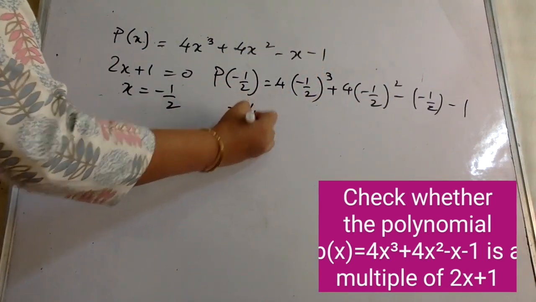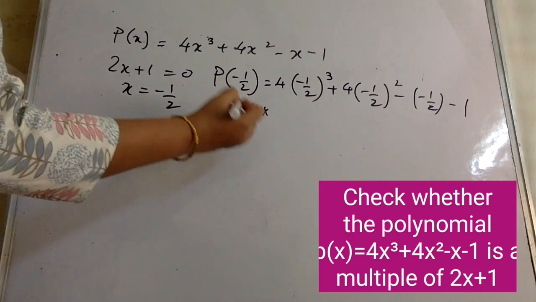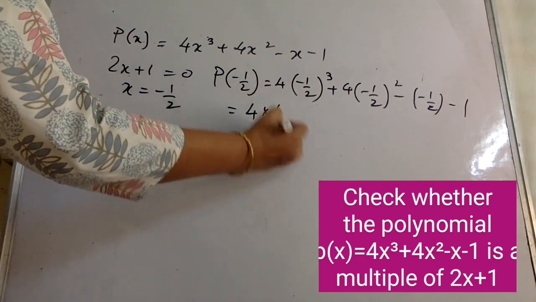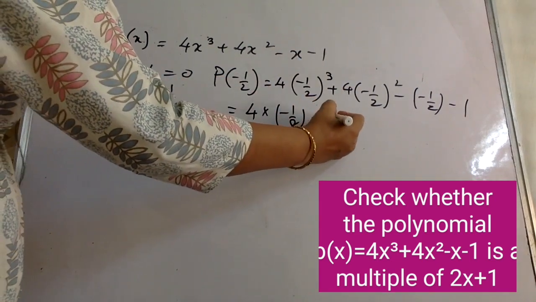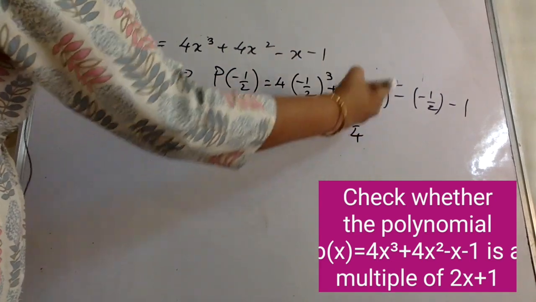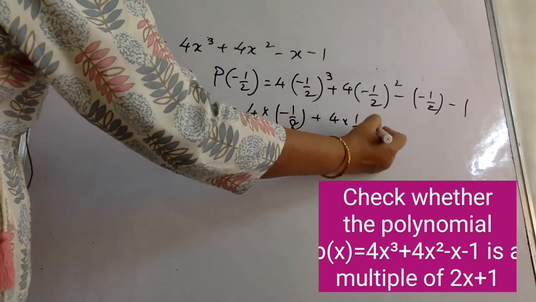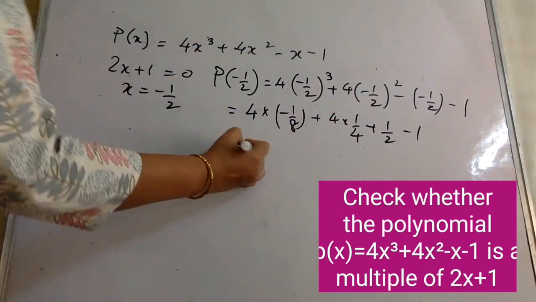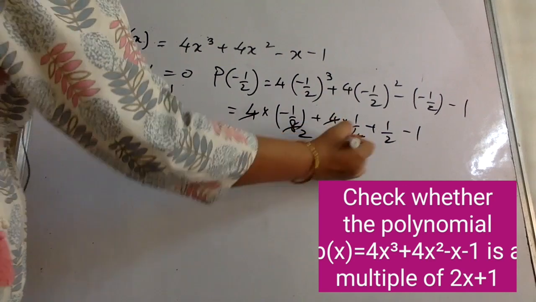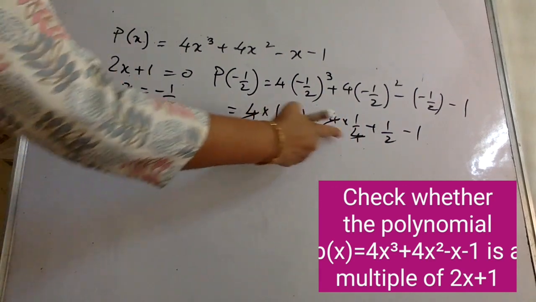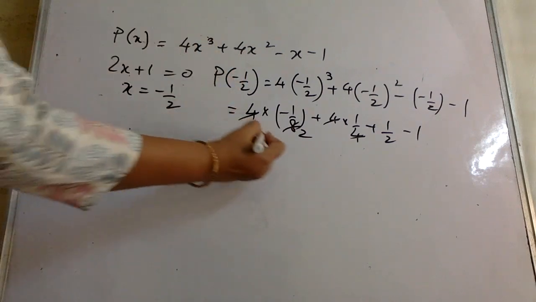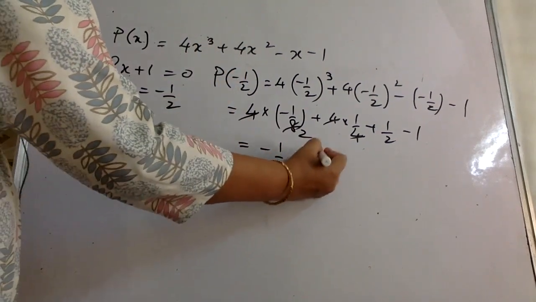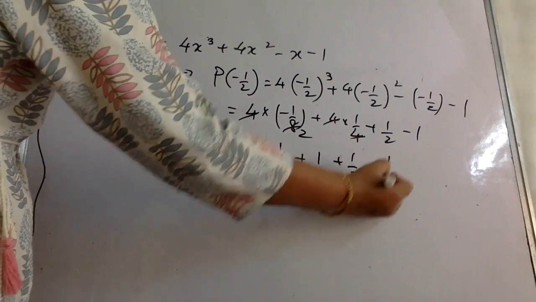Now, 4 into minus 1 by 8, because it's an odd power, plus 4 into 1 by 4, even power, the minus vanishes, plus half, and a minus 1. Do not mix this up; follow BODMAS strictly, multiplication first then addition. So minus half plus 1 plus half minus 1.